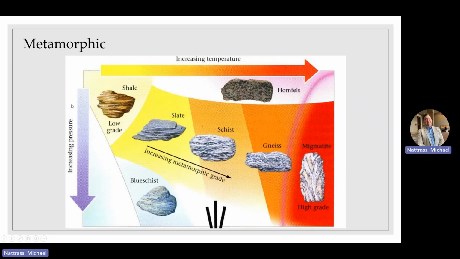And so metamorphic, we can have this shale that undergoes this pressure and this temperature to form things like gneiss or migmatite. And again, this isn't a mineralogy class, but these are kind of the basics of how we get our soils.